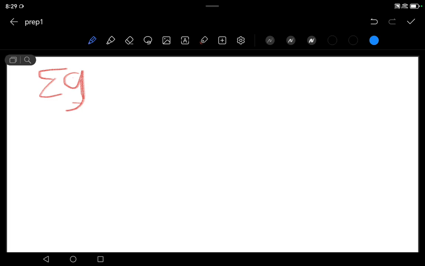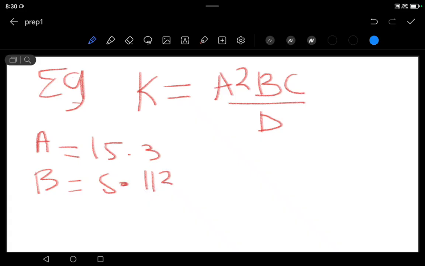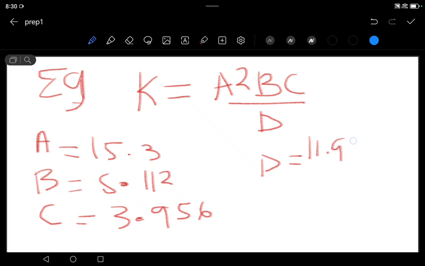Yeah, for this example, let's say we have k equals A squared times BC over D. And then they say A equals 15.3, and then B equals 5.112, and then C equals 3.956, and then D equals 11.9457.